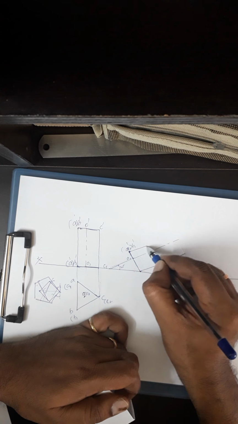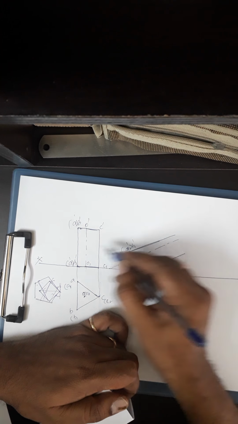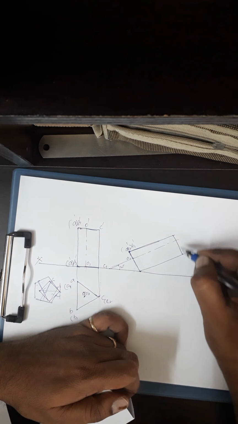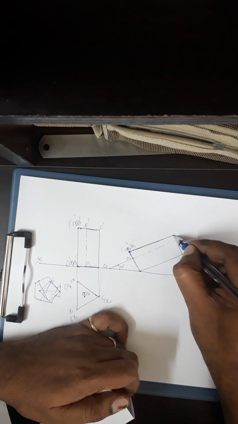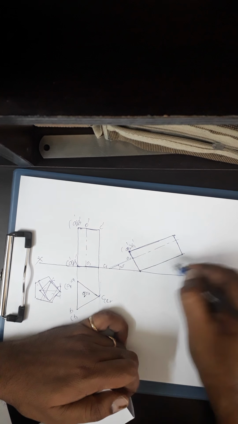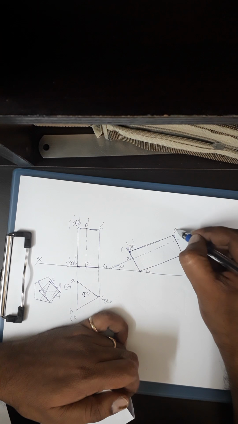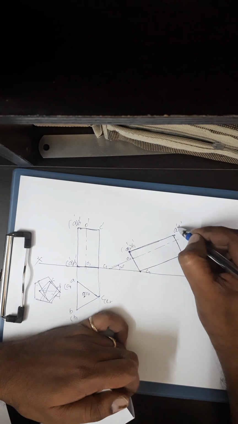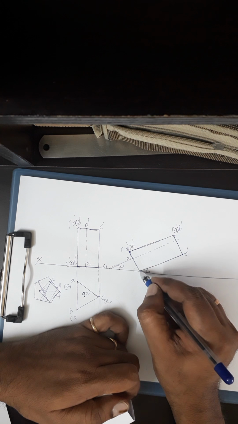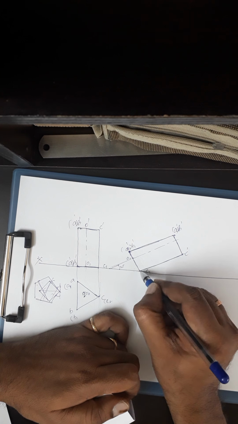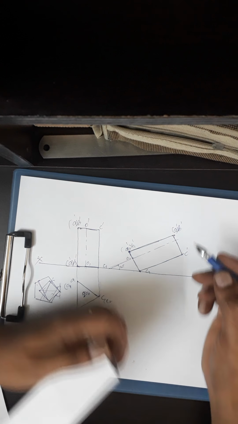So go for redrawing this same sketch which is available here, complete the view. So this is C1, ABC without dashes. You can see that only the corner C1 is resting, so C1 is the corner. So this is the position.